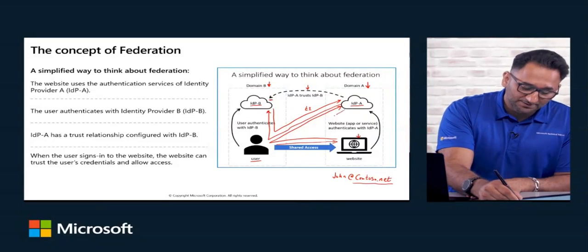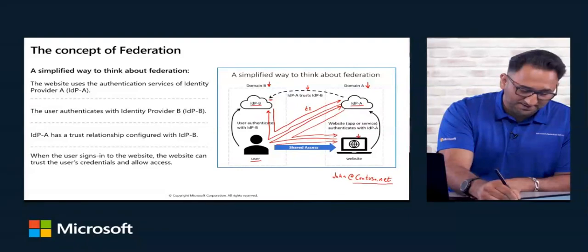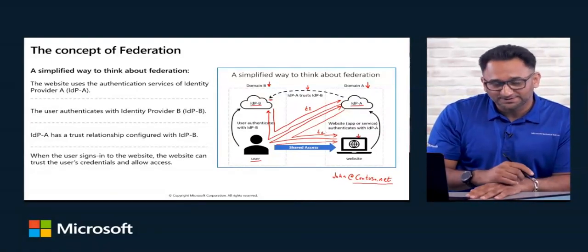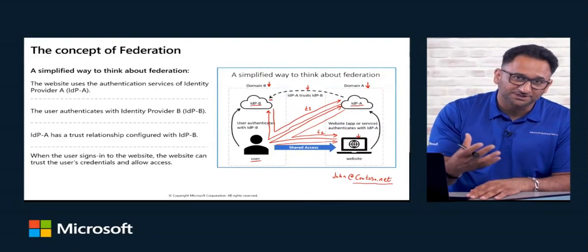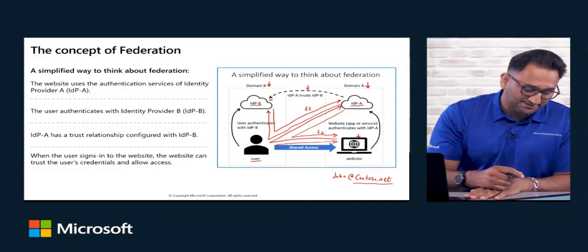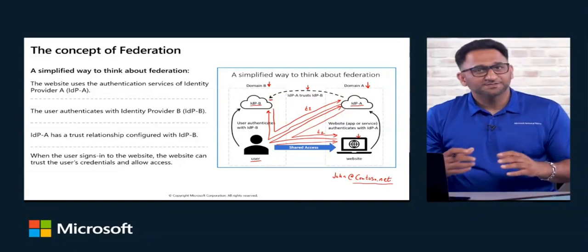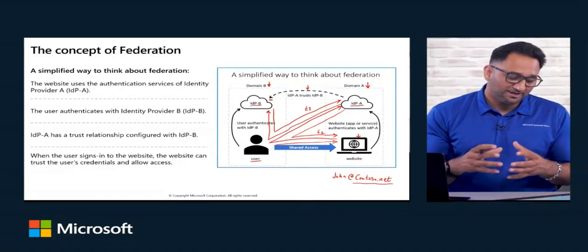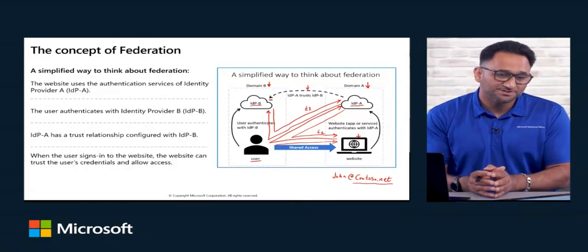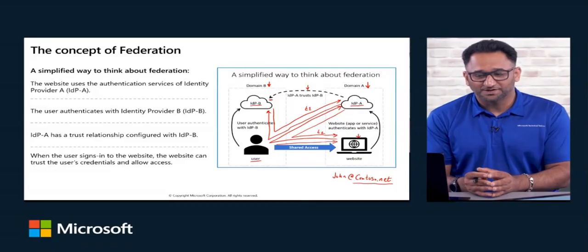Once it's happy with that, it will simply send a token back to the website saying, yes, we can allow this user in. In this case, identity provider A will send a token. Let's call this token T2, to connect to the web service, and it will allow it to access the service. Now, this is a simple environment where you can have services that can go beyond your environment and connect to other services using a concept called federation.